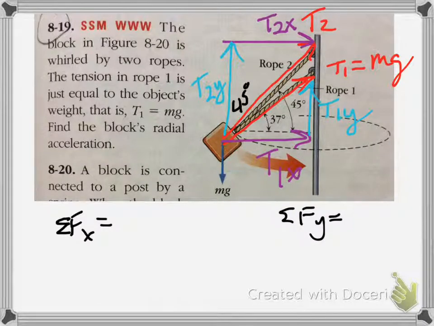Okay, so then, Ricky, sum of the forces in the y are going to equal what? When you see this thing going around and around the central pole, what is the result in the y dimension? Okay, so he says T1y plus T2y, and what is that going to equal?